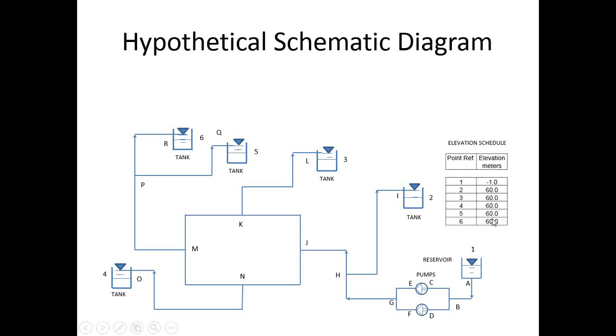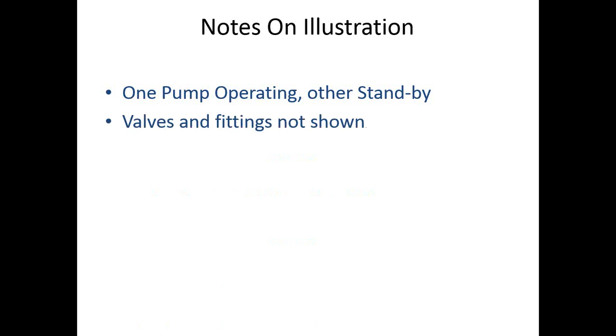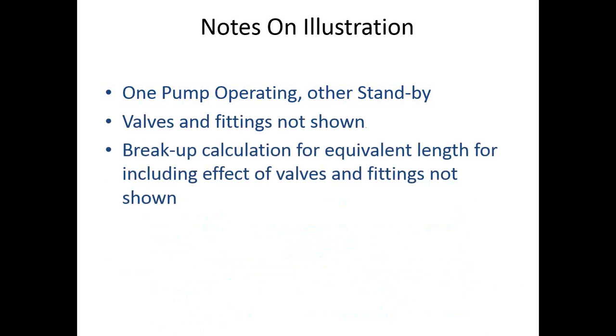The next few slides would show some illustrations and procedural details related to the diagram. Here are some of the basic points to be noted with reference to the schematic diagram on the previous slide. One pump is operating, the other one is on standby. Valves and fittings are not shown.